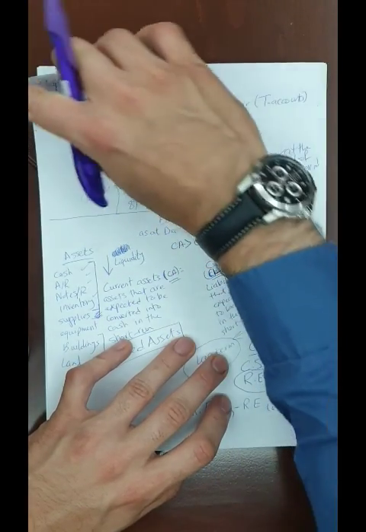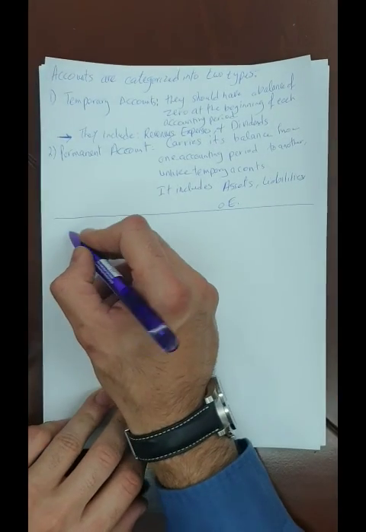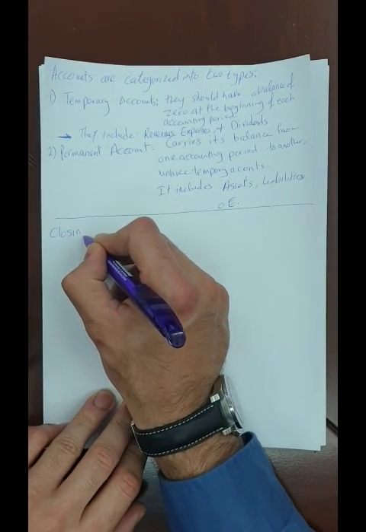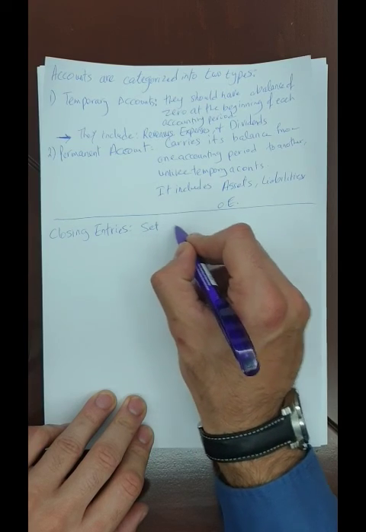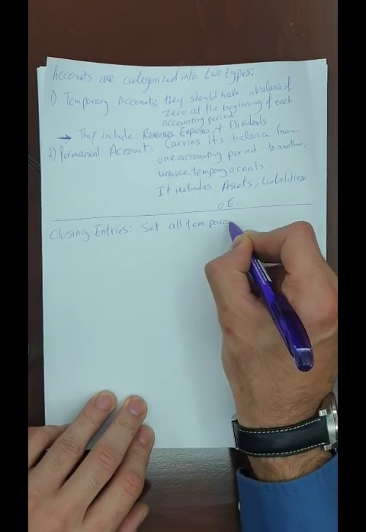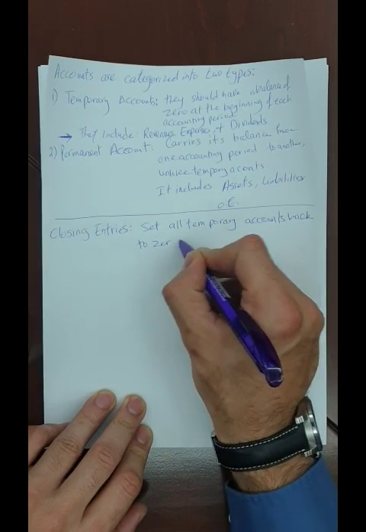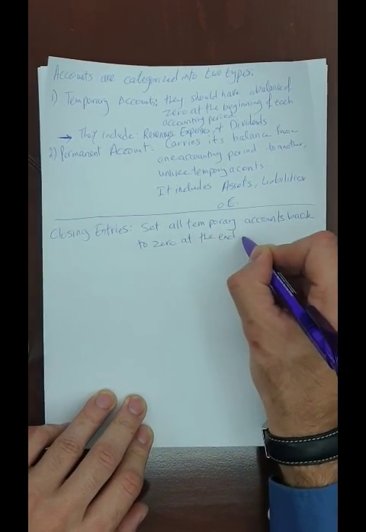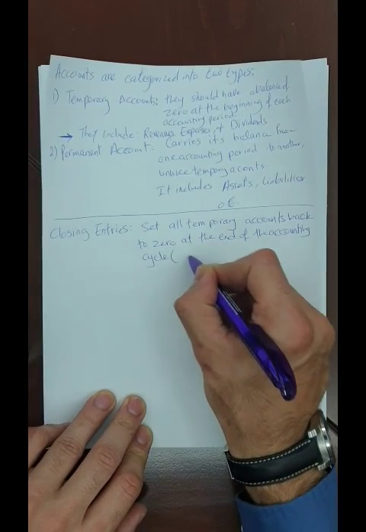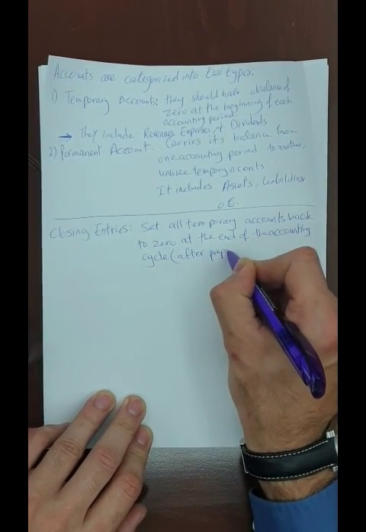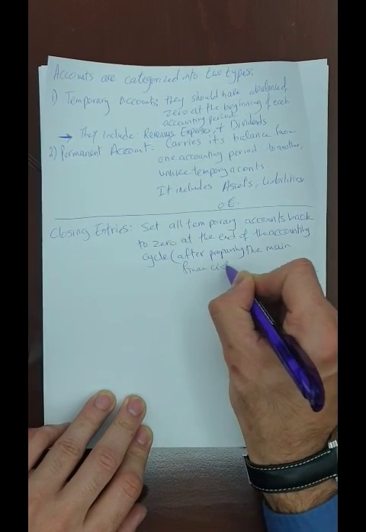Accordingly, the closing entries, which is the title of the chapter: you set all temporary accounts back to 0 at the end of the accounting cycle, and between parentheses, after preparing the main financial statements.